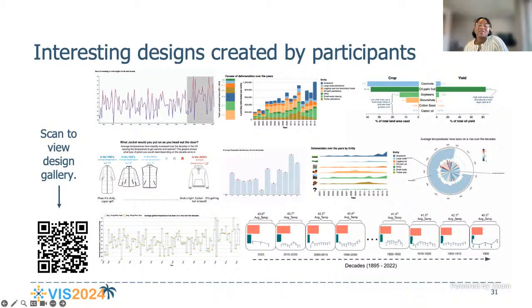Yes, it's actually something I would love to see. For context, this is a follow-up study to an interview study that was presented in 2022. And we found that one of the things that designers look for is new representations, right? What else is different outside of bar charts and line charts and scatter plots? What else can I create?